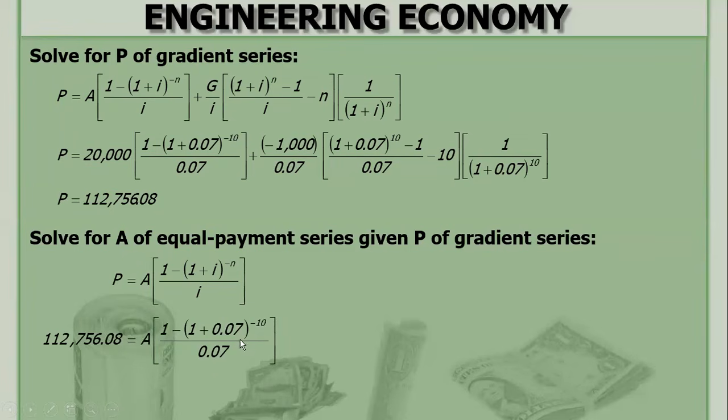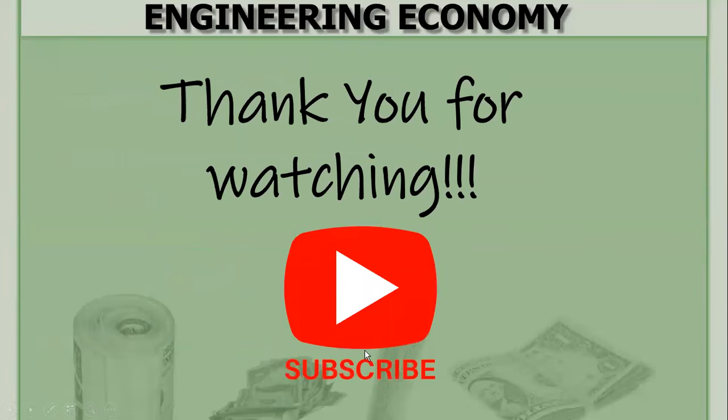After that, you divide the value on the left side and we have this A, 16,053.93. Okay. So that's it. I hope that you have learned something from this video. Thank you for watching.